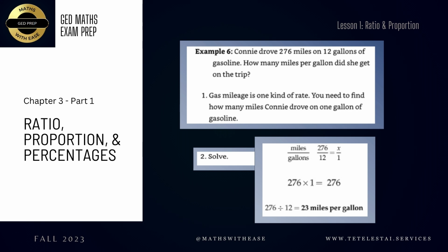So miles per gallon, we know that she drove 276 miles per 12 gallons, okay? And that equals the number of miles, we don't know, so we're going to represent that as X, she got per gallon, and again, we don't see any other number between per and gallon, so we know that 1 should go there, right?